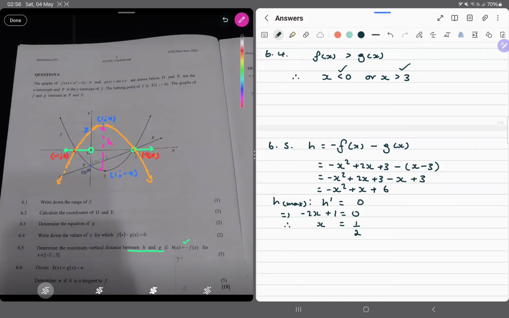So this happens when x is a half, but now we were told to determine the maximum vertical distance. So for h max, now we are doing the determination. It's going to be minus a half squared plus a half plus 6.